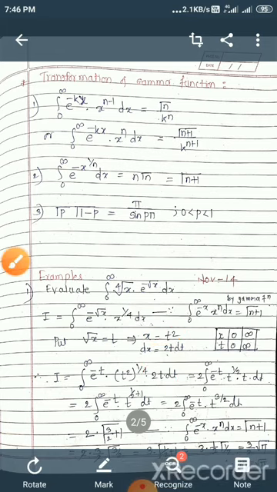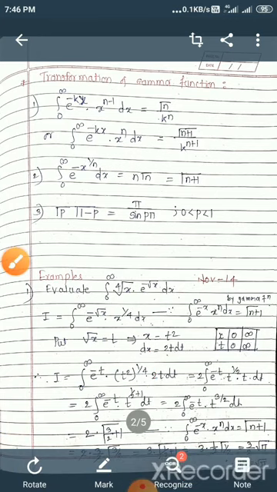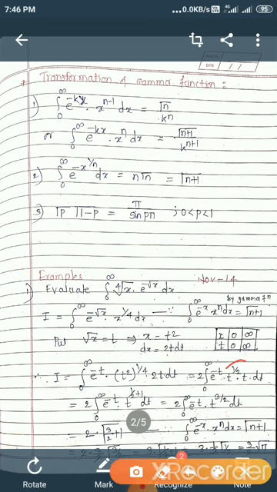So that becomes 2, the constant, taken outside the integration, into the integral from 0 to infinity of e raised to minus t, t raised to 1 half, into t dt. So 2 into the integral from 0 to infinity of e raised to minus t, t raised to half plus 1, that is t raised to 3 by 2 dt.